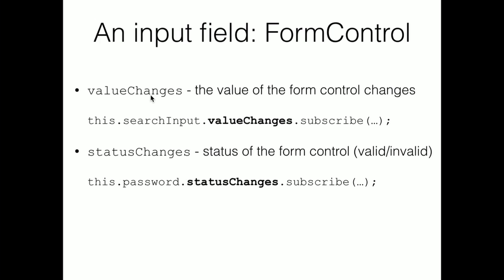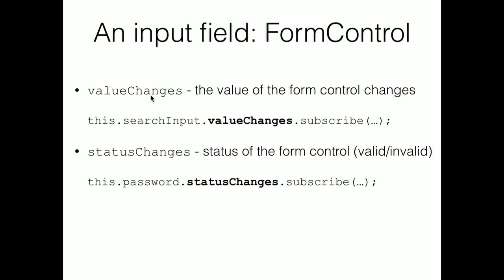So what you can do, subscribe. You have an observable, subscribe to it. So the user will be typing, and you will be getting items as he or she types. The form is not valid. You may attach a bunch of validators to a form in Angular. Some of them give a problem, saying, for example, the social security number field is supposed to have 9 digits, but it doesn't.